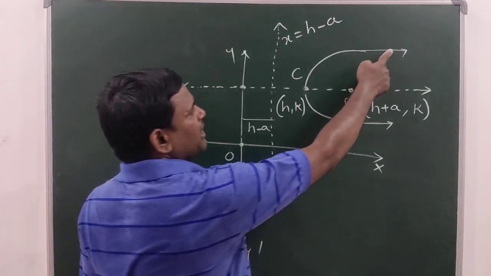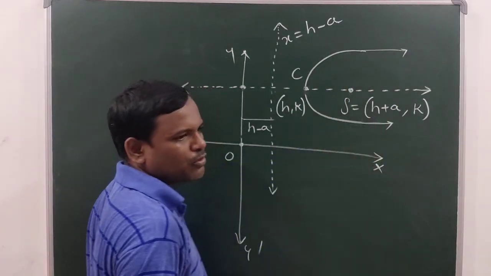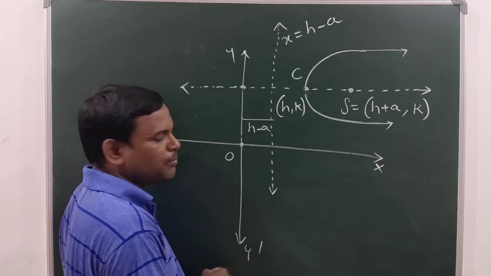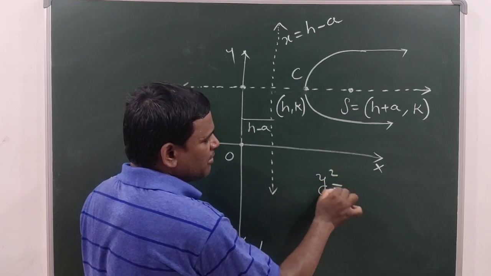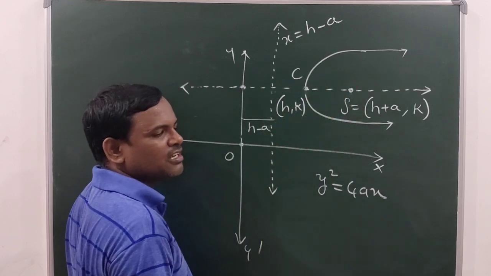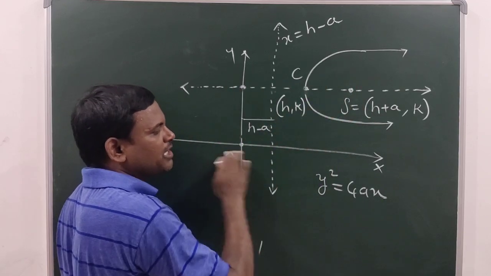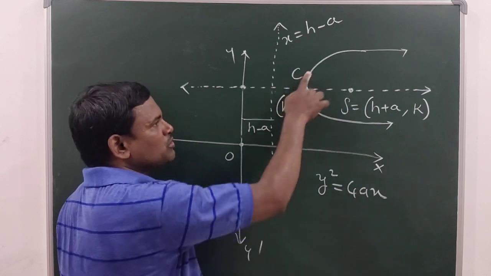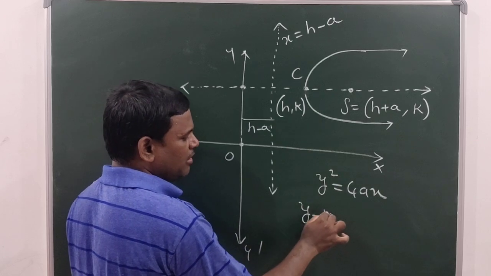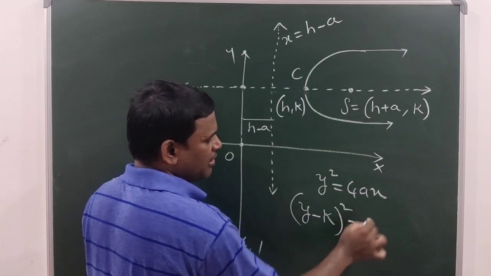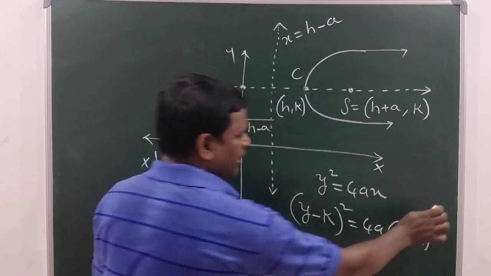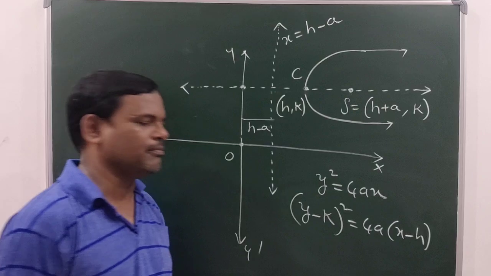Okay. Now, see the standard form of this parabola. If the x-axis is the axis of the parabola, its standard form is y square is equal to 4ax. Now, how is the axis of this parabola? Parallel to the x-axis. Hence, its equation will be: in the place of y, just write (y minus k) whole square, and 4a of (x minus h). Here the square will not come.